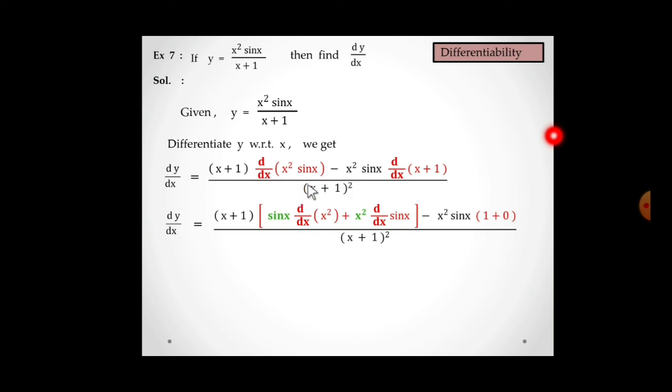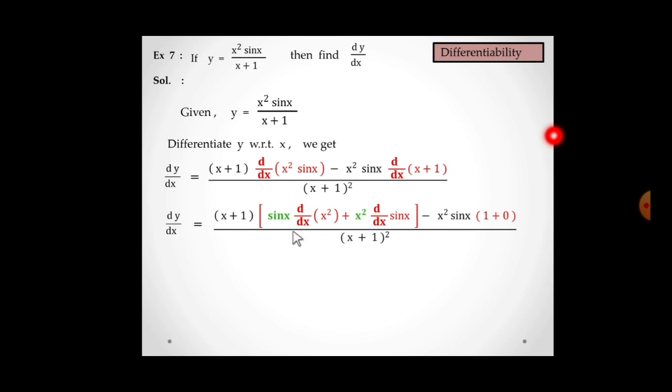The product rule is keep one function as it is, sin x, differentiate the other function, that is x square, plus now x square as it is, d by dx of sin x. Changing one time x square derivative, one time sin x derivative, and keep the remaining function as it is. That is the rule. And use the bracket here because when you follow the rule, we have an addition in the rule, therefore put the square bracket and write the formula.